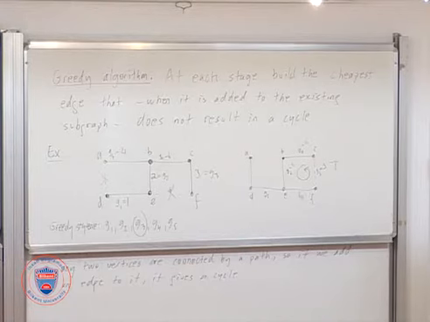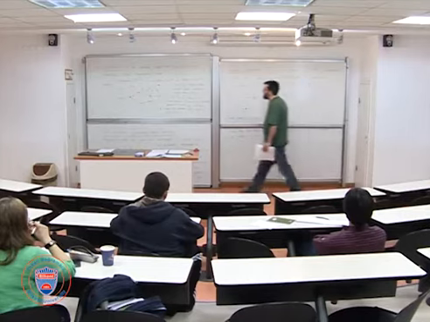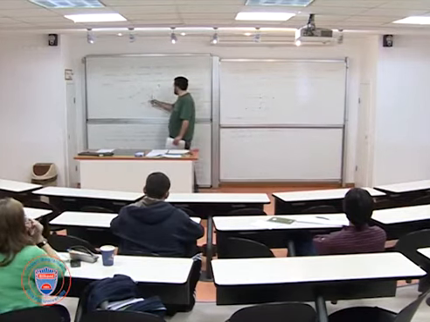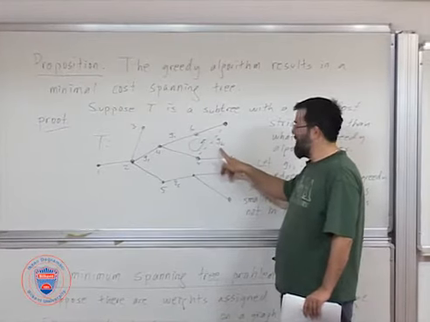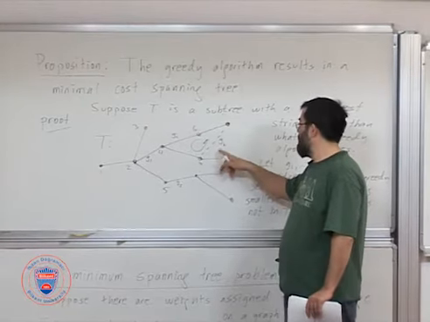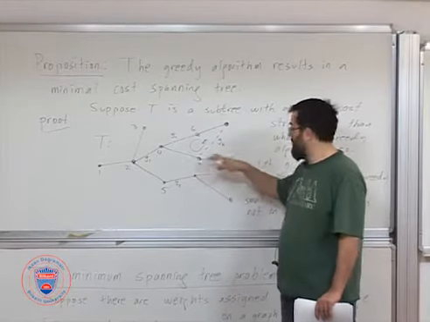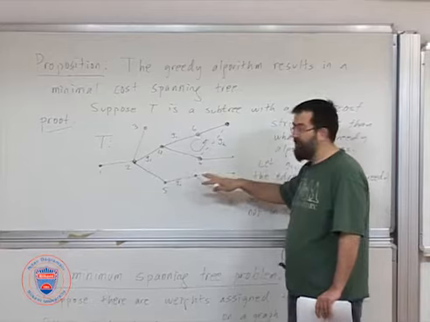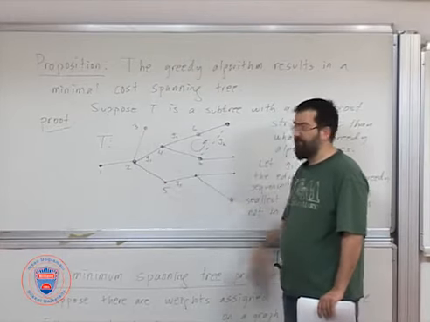Okay, so this is T, and we put in GK, the first greedy edge which is not on T. So all the previous ones are on the graph.